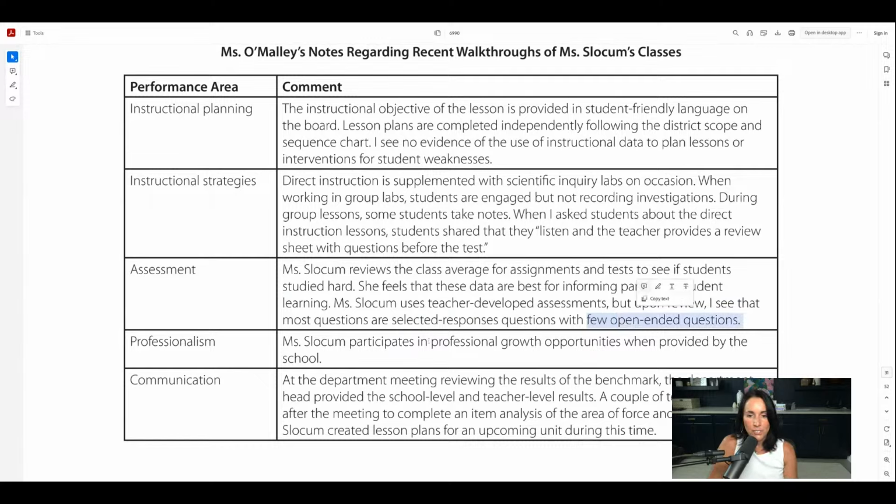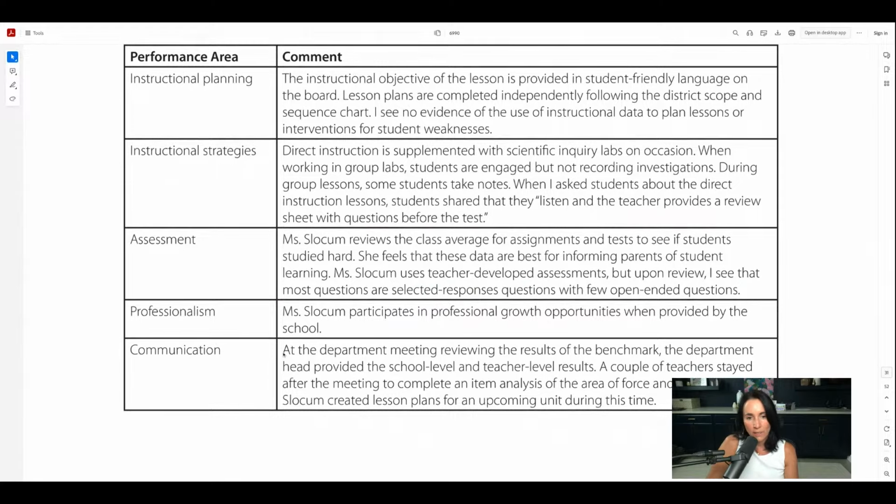And then we have she participates in professional growth opportunities when provided by the school. And then we have this one here. At the department meeting reviewing results of the benchmark, the department head provided school level and teacher level results. A couple of teachers stayed after the meeting to complete an item analysis. This is when you look at your teacher made tests and you determine if the items are good and how many students got it right and how many students got it wrong.